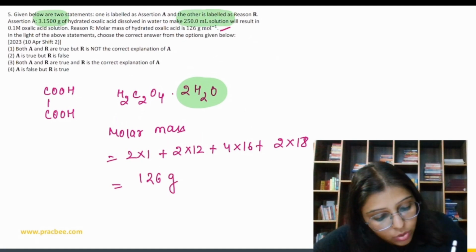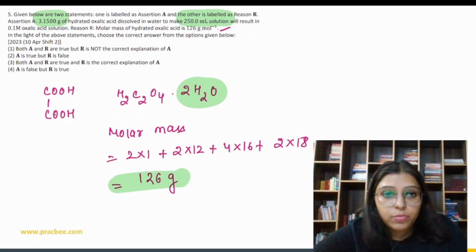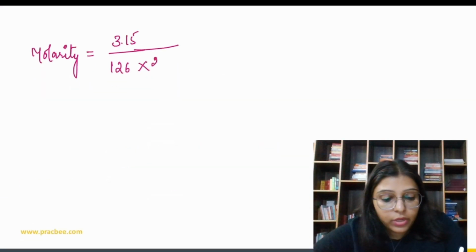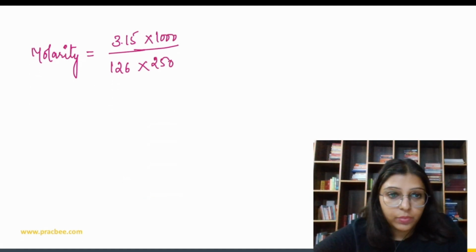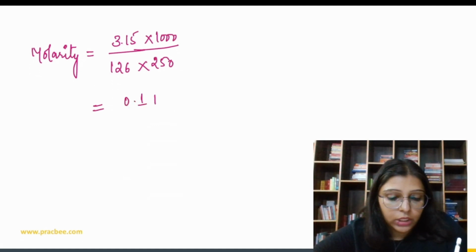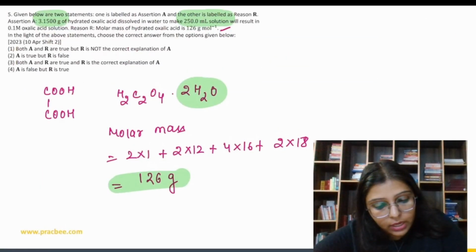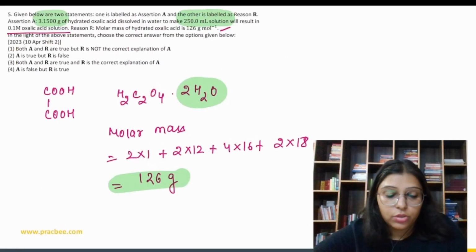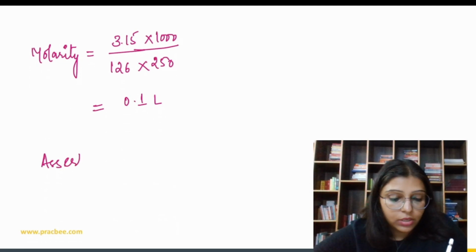It is in ml, so obviously we have to multiply by 1000 in order to convert the volume into liter, right? So on solving, we get 0.1. It means the assertion, see, 0.1 molar oxalic acid solution. It means assertion is correct and reason is correct.